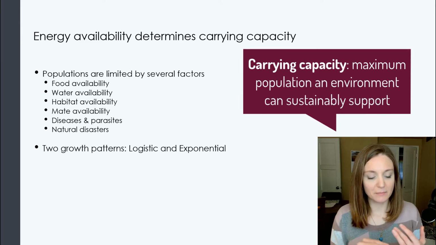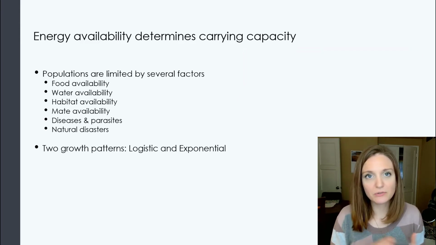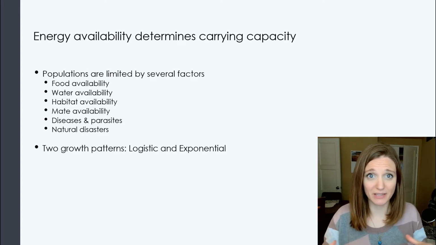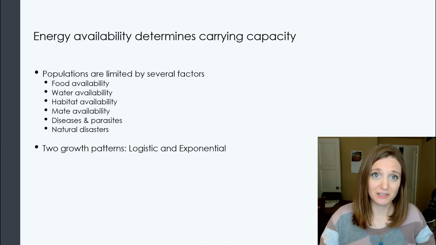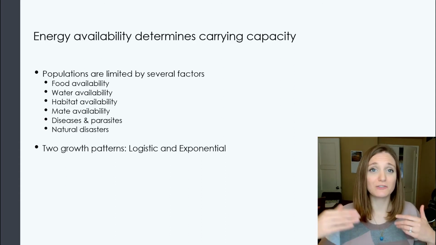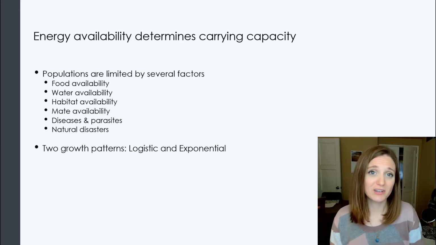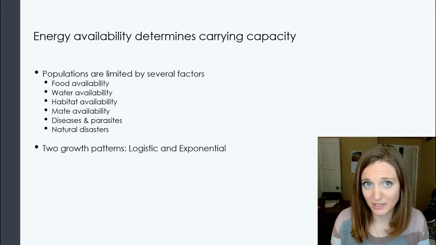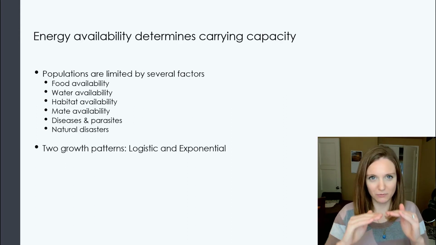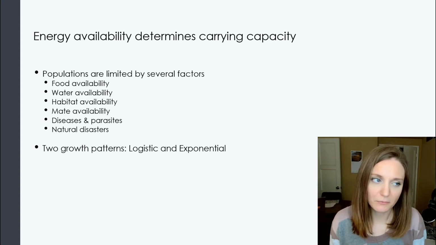Meaning that based on the amount of food, space, water, nutrients, whatever those organisms need to survive, what's the maximum number that can survive without overusing their resources, without drawing too much food out of the ecosystem, without using too much of their prey, without using too much nutrients, right? What's the maximum number that we can sustain of that population moving into the future, right?